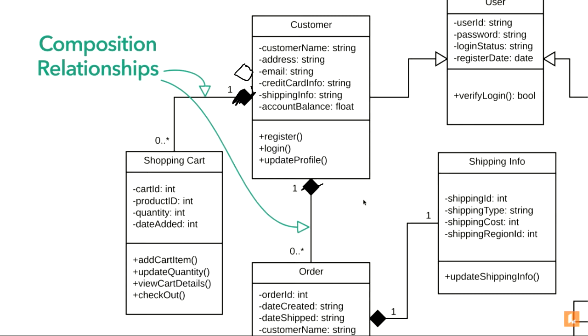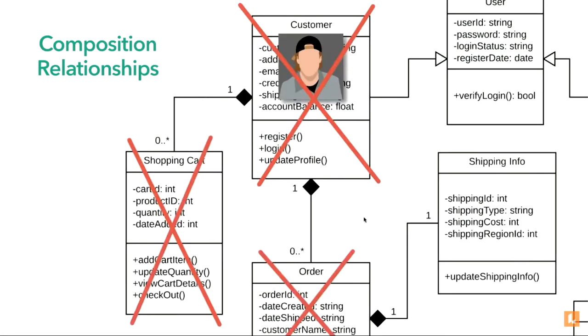Even if you delete this customer, will these two exist or not? Yes. If this were an aggregation, then even if you delete the customer, the shopping cart and order would still exist. But in case of composition, if you delete the customer, then automatically the shopping cart and order will be deleted.